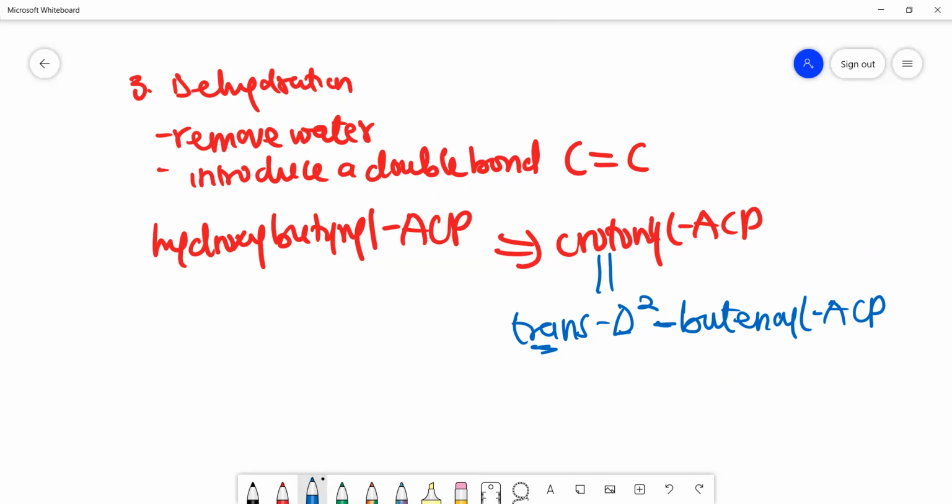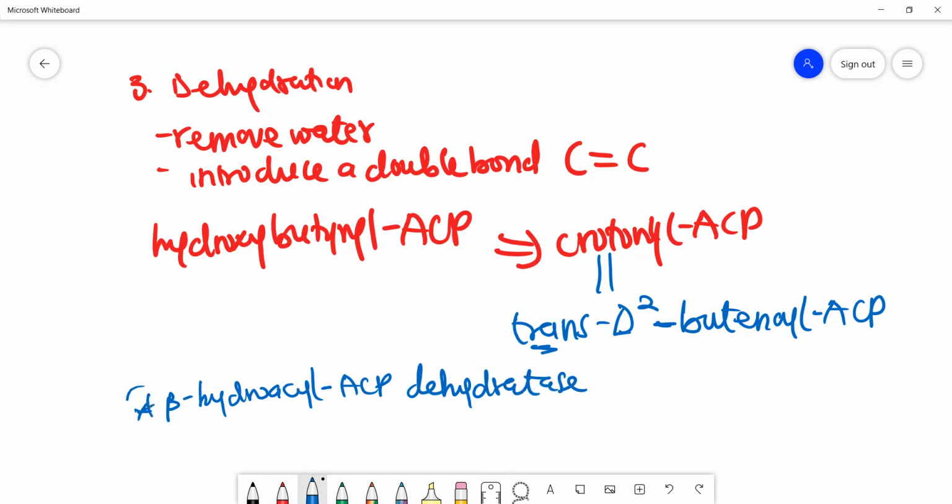The enzyme that is going to do the job for us is beta hydroxyacyl ACP dehydratase. Elsewhere, you will see it simply called dehydratase.